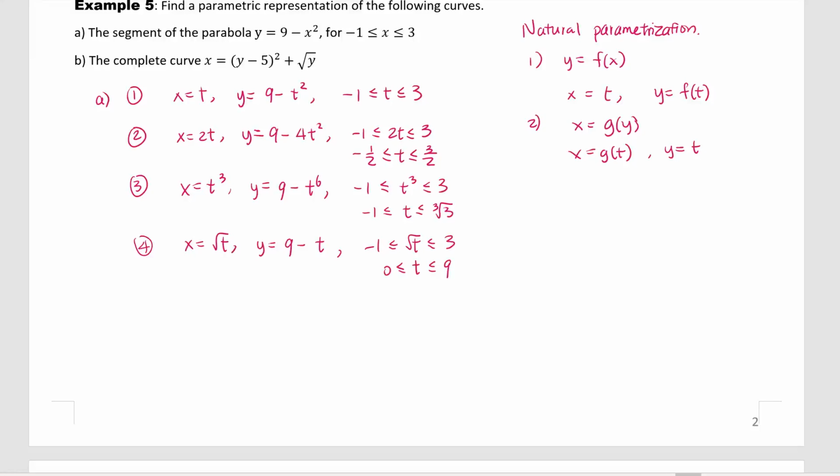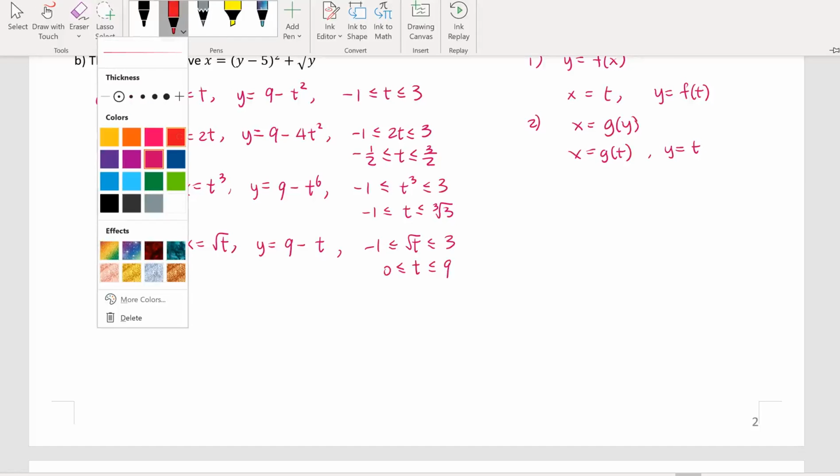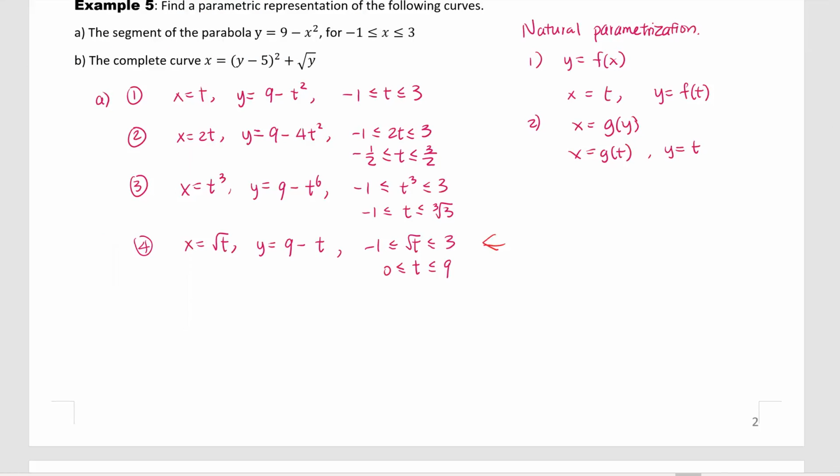So actually, this is not good. This is not a good parametrization, because you cannot reach the pieces where x is less than 0. The smallest you can reach is 0.